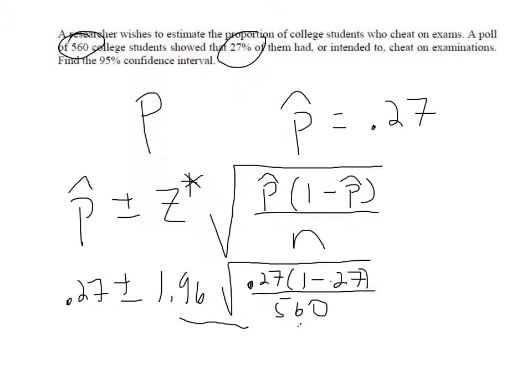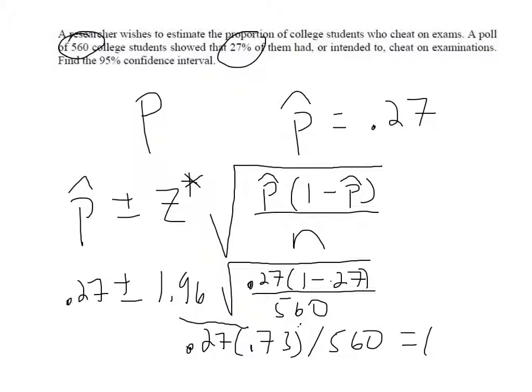So then we just have to calculate this. On my calculator, depending on what you have, I would take 0.27 times 1 minus 0.27, which, if I'm doing my arithmetic right, is 0.73. Then I would divide that by 560, get that answer, and take the square root of it.